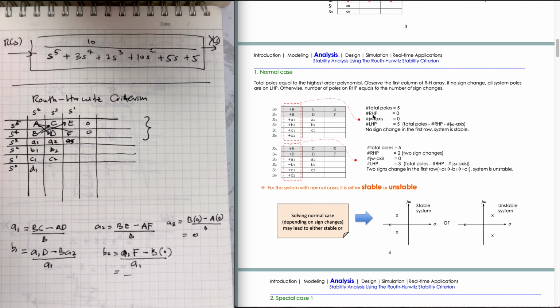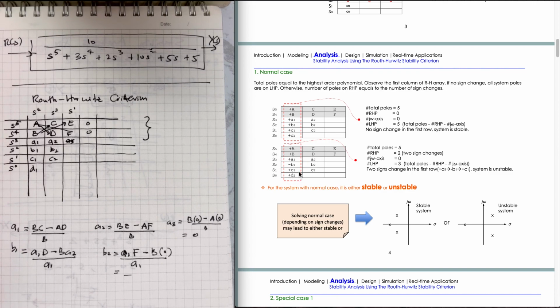The number of right hand plane poles is 0 because there is no sign change. The poles on the imaginary axis are also 0. The poles on the left hand plane are 5. That means there are a total of 5. The system is stable. There's no sign change in the first column. That's what we want to know, right?